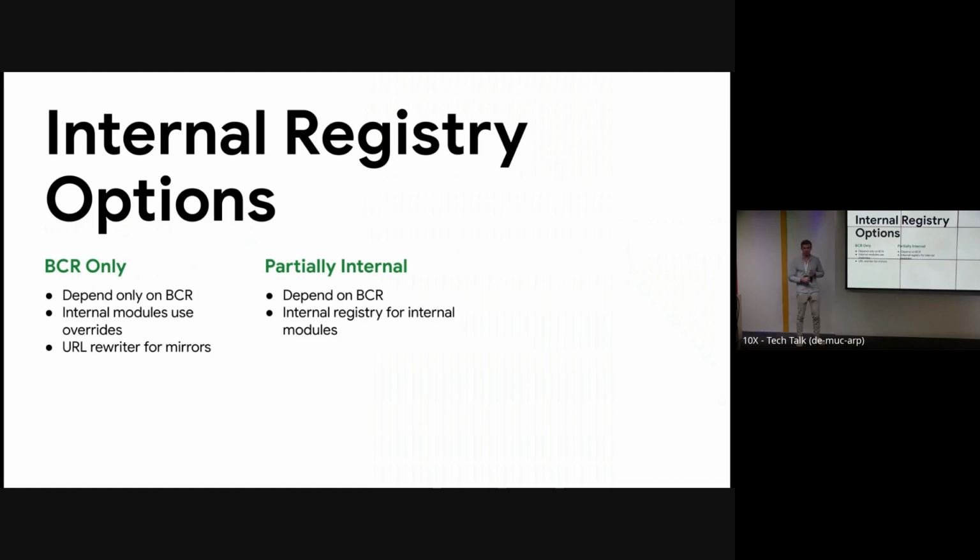This is a good option, but you still depend on the availability of the BCR host. Next is a completely internal version. This is where all of the modules that you depend on, you download and copy into a registry somewhere. This just adds a lot of tooling, but it means you're isolated from BCR outages, which is good overall, to be isolated.